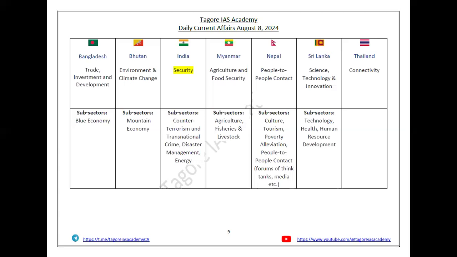So this again forms a very important part of prelims: what are the responsibilities of India as a lead country, as a member of BIMSTEC: security, counterterrorism, transnational crime, disaster management, and energy.